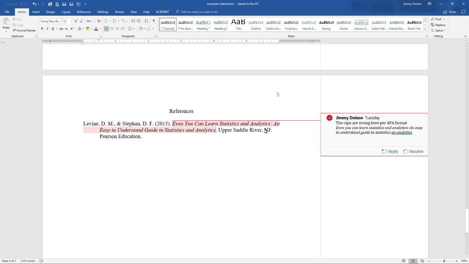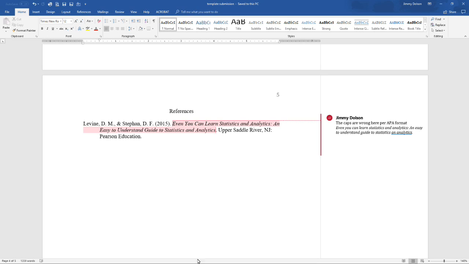Normally you write the title, the work, if you will, in the way that you would write a sentence. So it would start with a capital E, and then whenever there's a colon break, you'd always start the first letter of the next part of the sentence with a capital A. All right, and it's always italicized for a book. Journal article is a little bit different. Check out your APA manual if you haven't seen that yet.